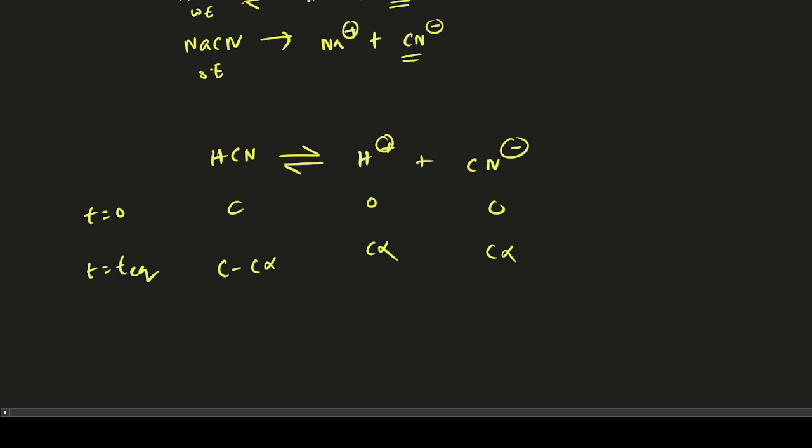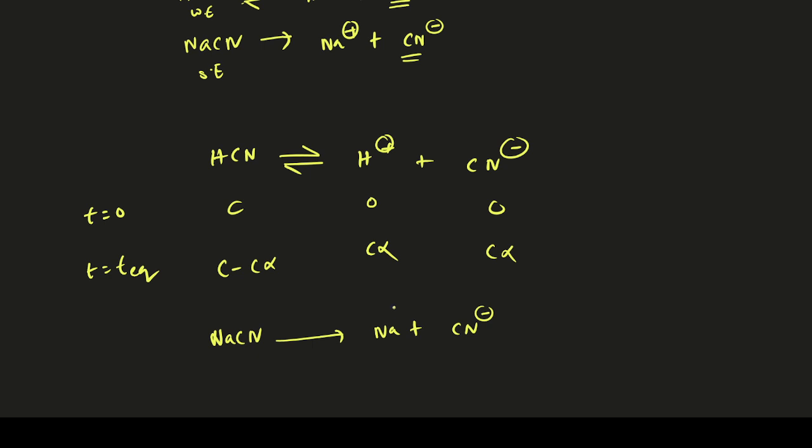These things we have studied in dissociation, where we studied how to write this, so from C alpha dissociated we get the concentrations. So this we already discussed. After that, we have the NaCN also, and this dissociates completely into Na plus and CN minus.